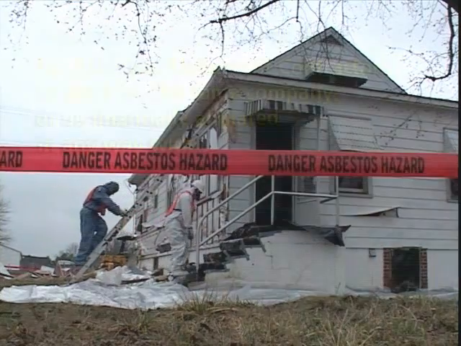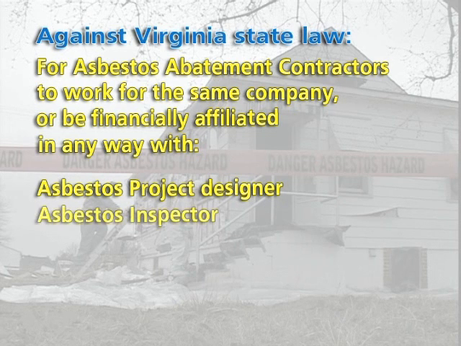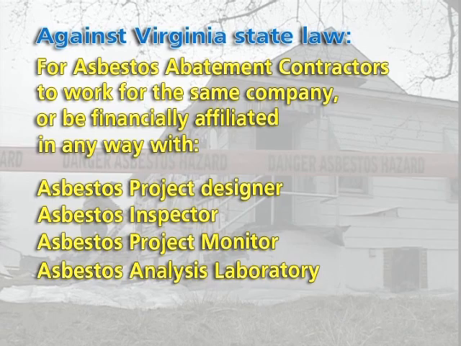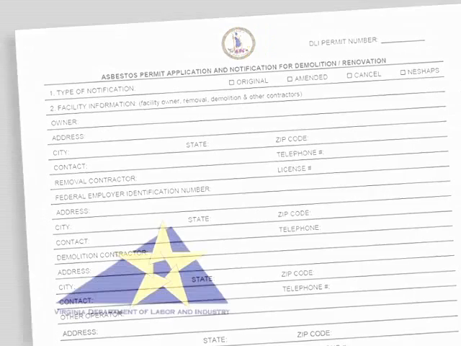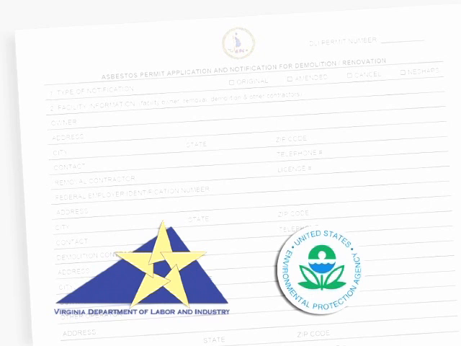On any project, it is against Virginia state law for the asbestos abatement contractor to work for the same company or be financially affiliated in any way with the project designer, asbestos inspector, asbestos project monitor, or laboratory performing the asbestos analysis. Demolition and asbestos abatement require separate advance notification to the Virginia Department of Labor and Industry and to the United States Environmental Protection Agency.